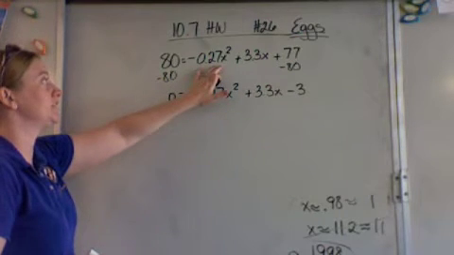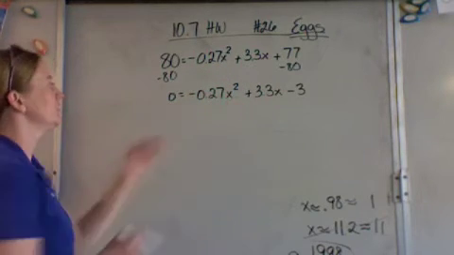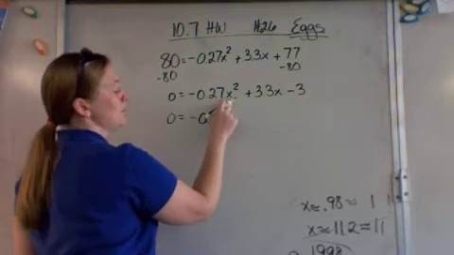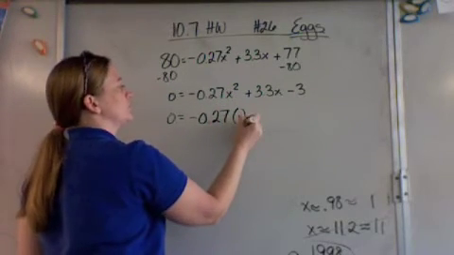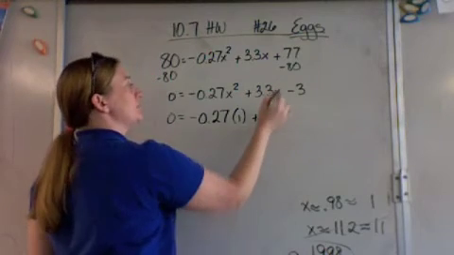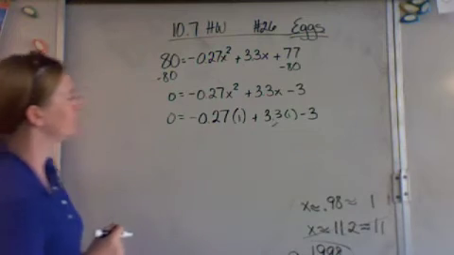You can either plug it into this original one or to that one. They mean the same thing. They're equivalent equations. 0 equals negative 0.27 times 1 squared, well, that's just 1, plus 3.3 times, again, 1, and minus 3.